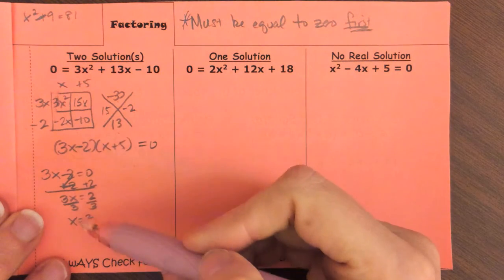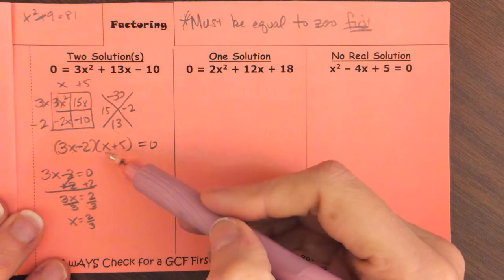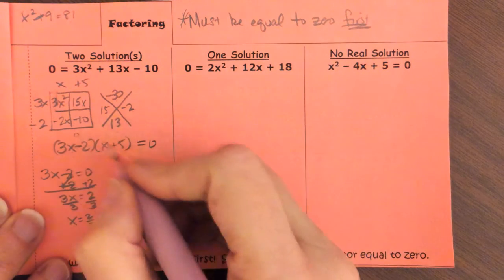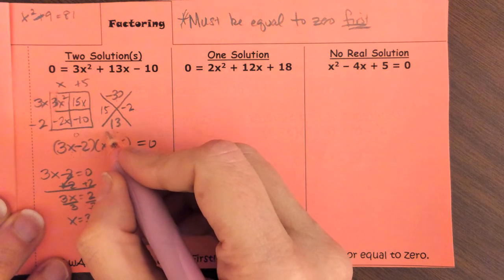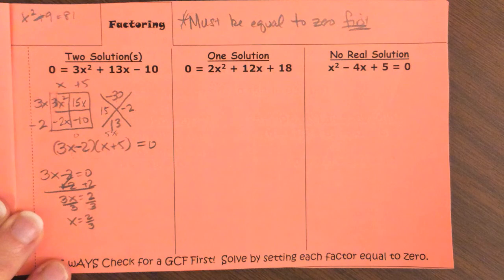So let's see what would happen. 3 times 2/3 is 2. 2 minus 2 is 0. So then this one works out to be 0. 2/3 plus 5 is 5 and 2/3. 0 times 5 and 2/3 is 0. So x could be 2/3.